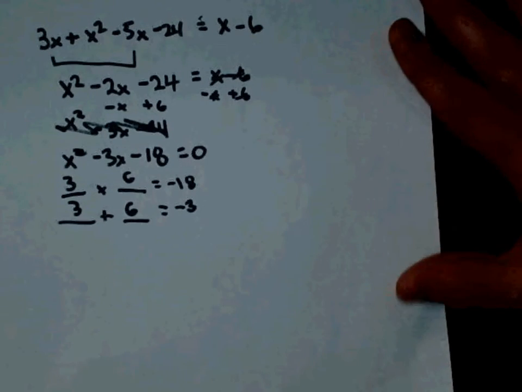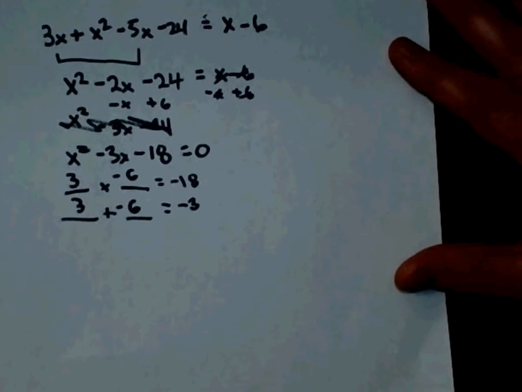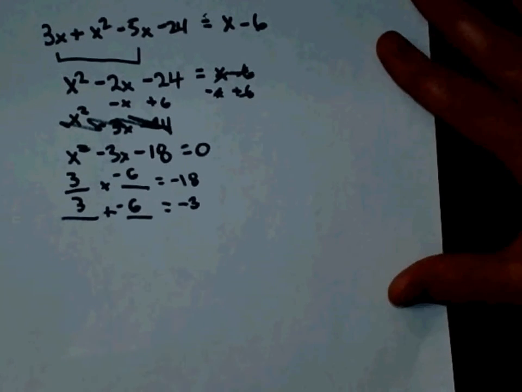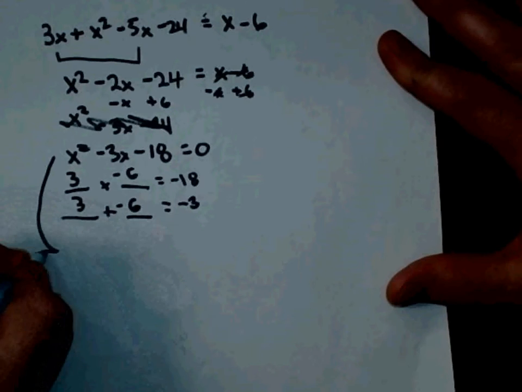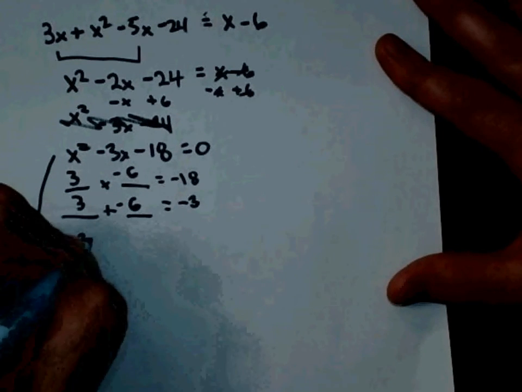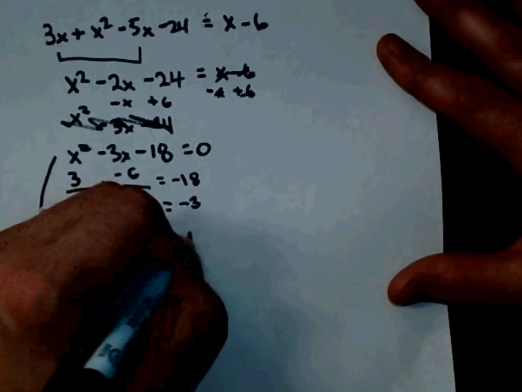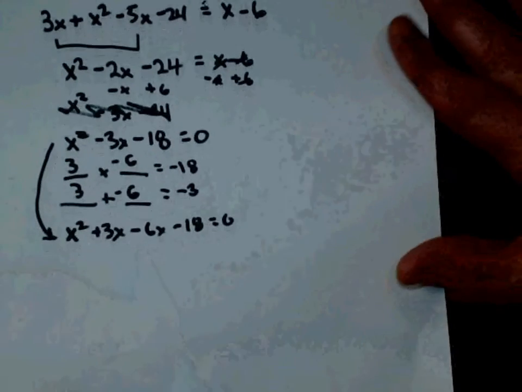We've got to put our sign somewhere. Negative on the 6, right? So now we bring our original down, and we're going to split it and expand it. x squared plus 3x minus 6x minus 18 equal to 0.